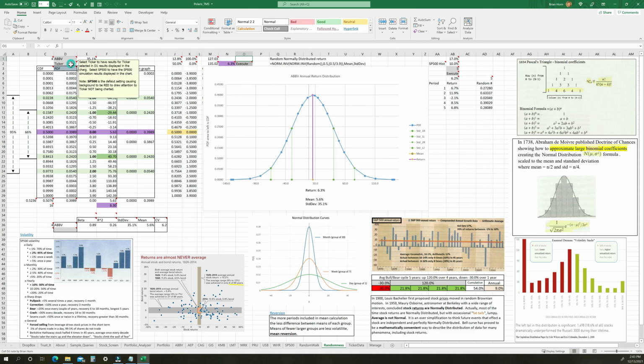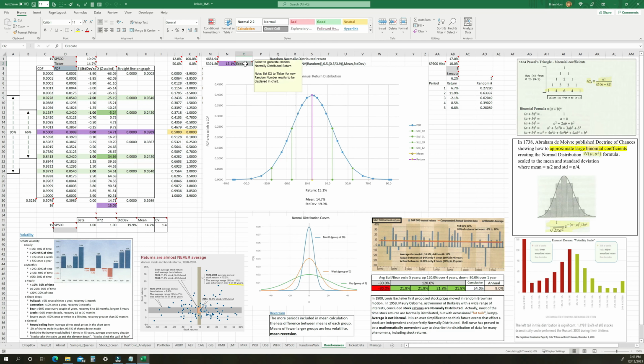So when cell D2 is ticker, you can select here in D1 any of the ticker worksheets, including the S&P 500. So it pulls data from the S&P 500 worksheet, and as you hit execute, it shows different randomly generated price returns for the S&P 500.